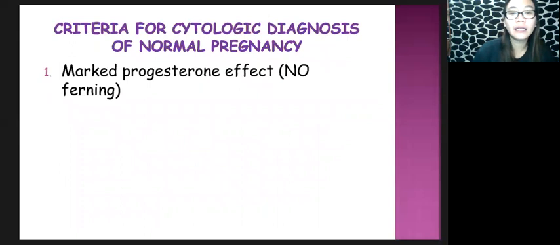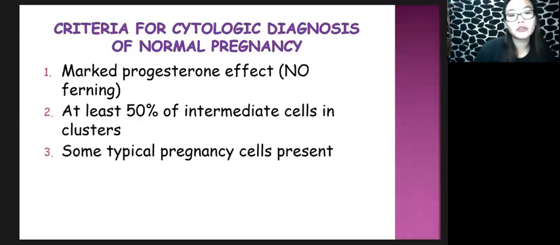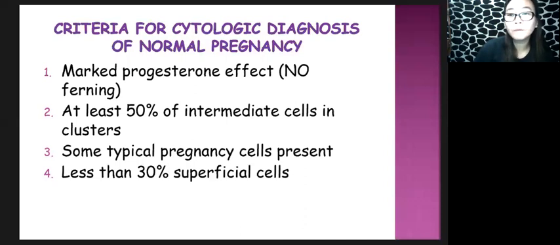So what are the different criteria that we use for the cytologic diagnosis of normal pregnancy? In addition to the evaluation or assessment of hormonal status, we can also use vaginal smears to detect normal or abnormal pregnancy.